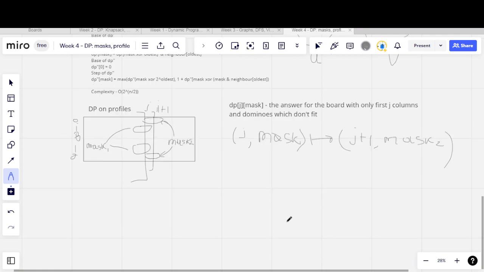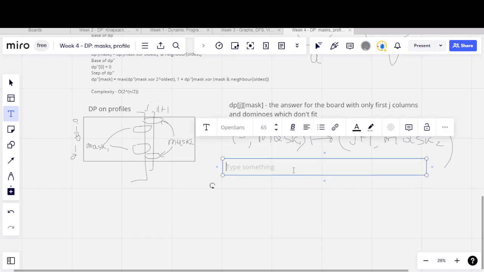So how do we contain? Okay, we consider a step. That means we consider the G plus 1 mask, mask 2.